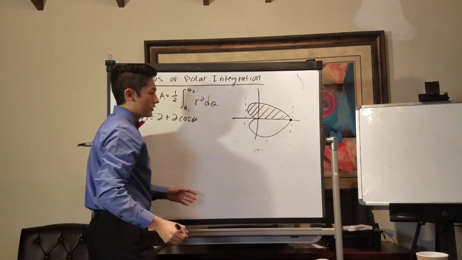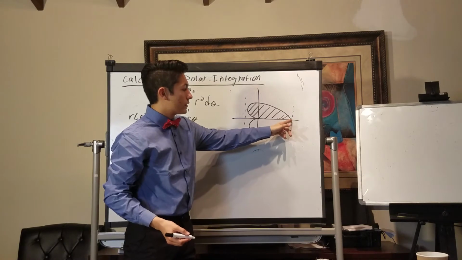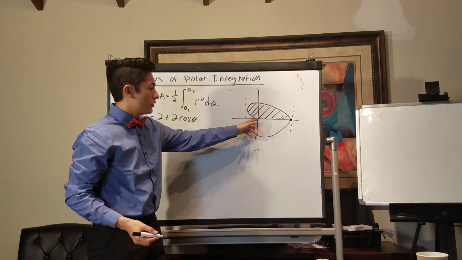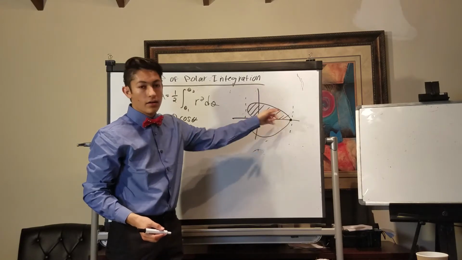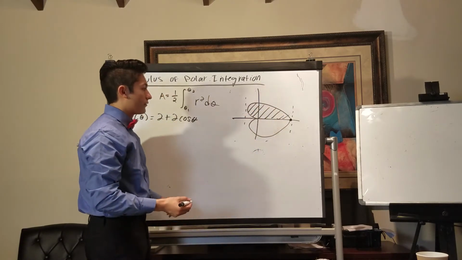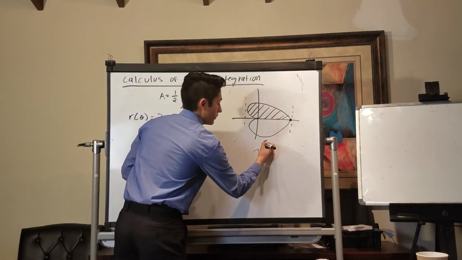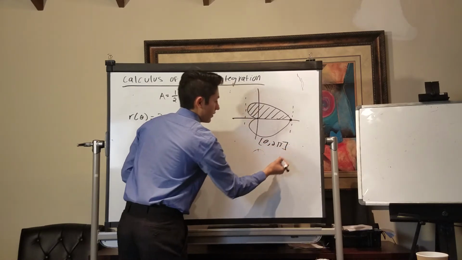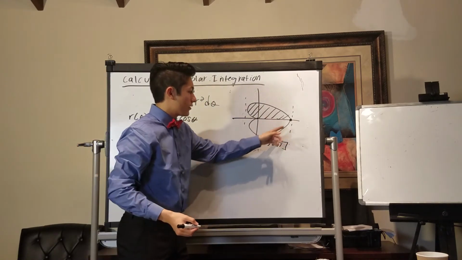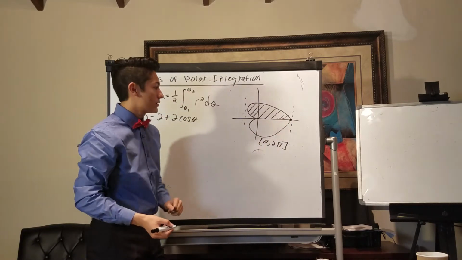It's going to be from whatever angle gets you from this value to the center, not crossing into the negative r values. We know that the domain of this particular function is from 0 to 2 pi, since we start at 0 and end at the same spot at 2 pi radians.